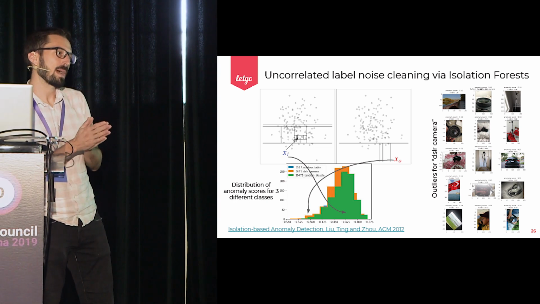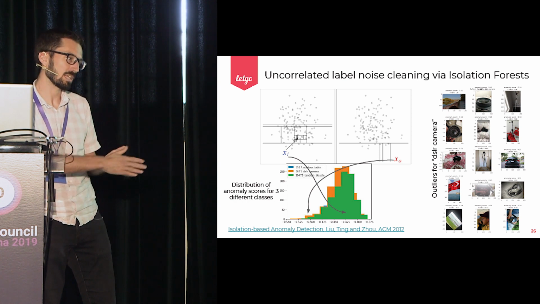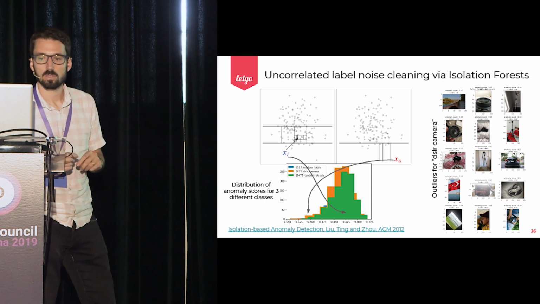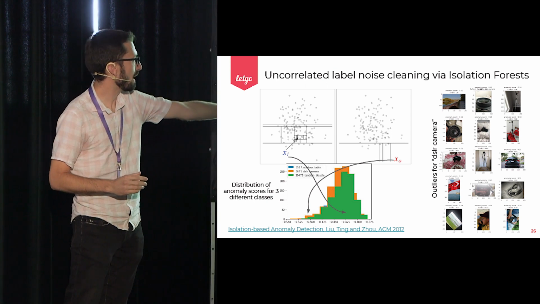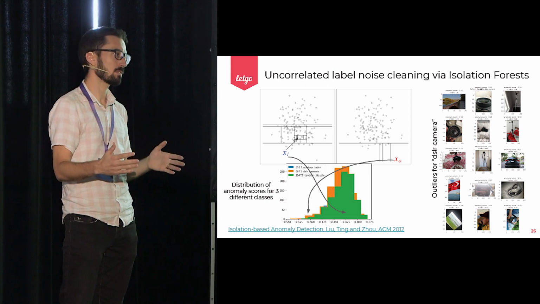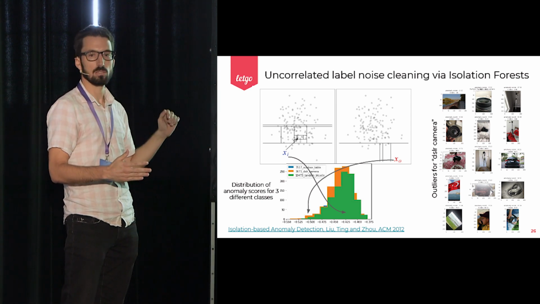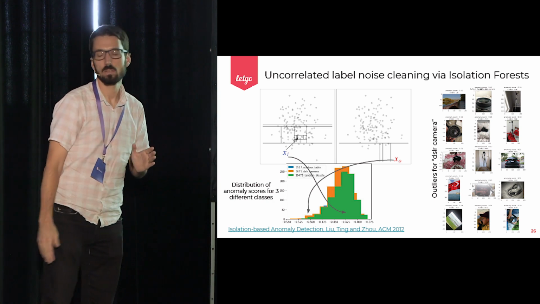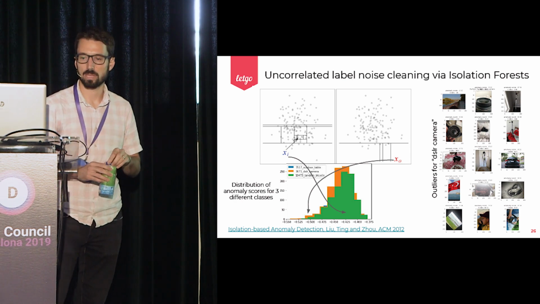So then the technique maps this statistic, which is the number of cuts across several trees in the forest, to something called anomaly score, which tends to be centered around some value for the inliers and tends to be away from the mode of this distribution for outliers. So now all you need to do is pick a threshold and declare as an outlier anything that's below that threshold.